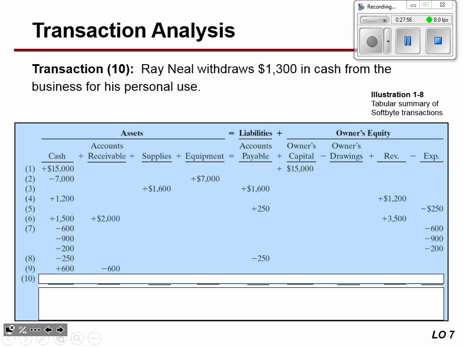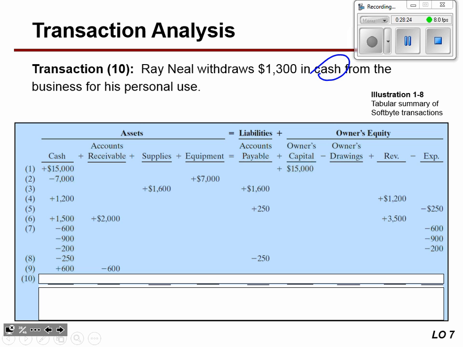Number 10, Ray Neal withdraws $1,300 in cash from the business for his personal use. Can he do that? Yeah, he's the owner. He can't do it by just taking it out of the till and running away. He needs to journalize it because then we would have a violation of ethics. He can do whatever he wants. He's the owner as long as he journalizes it. So 1, we're going to see cash go down.